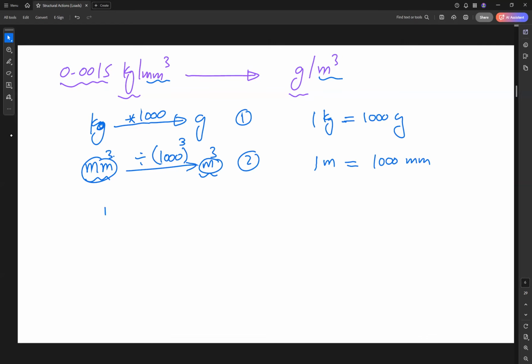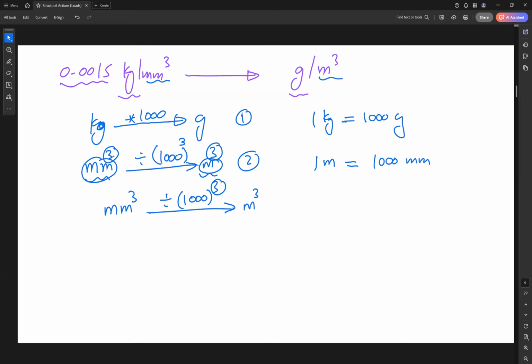Okay, so to convert from millimeter cubed to meter cubed, you need to divide by 1000 to the power 3. So whatever the power is, you need to add it to our conversion.